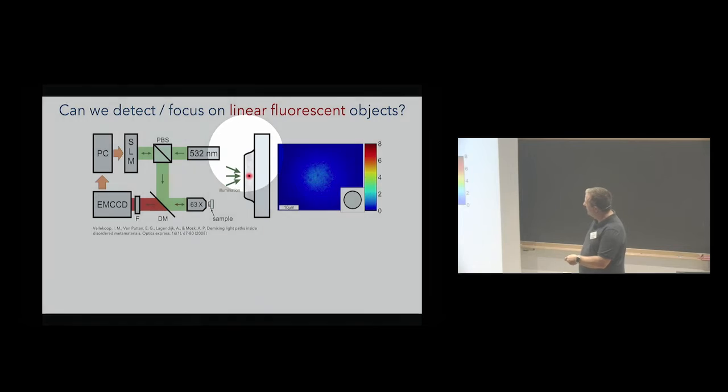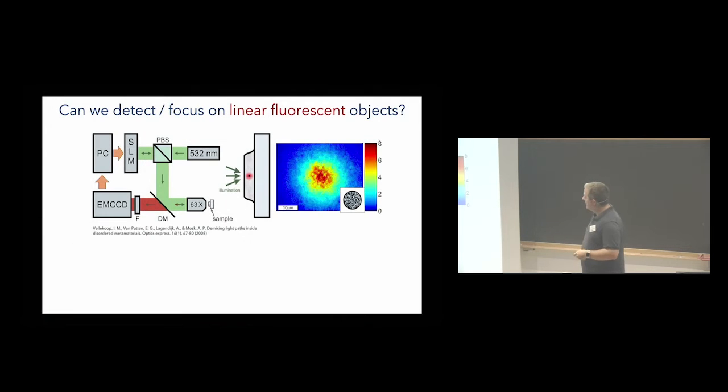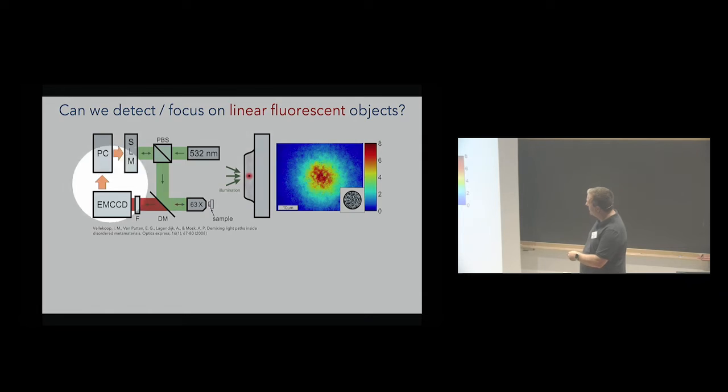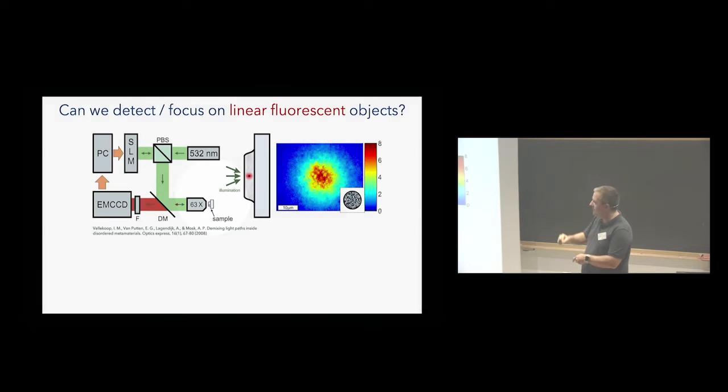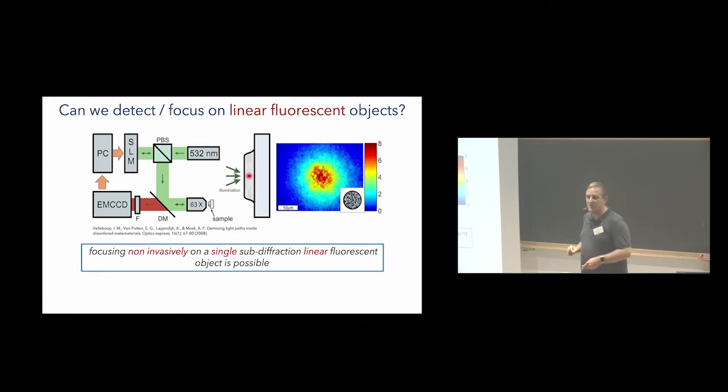They start from this fluorescent pattern on the EMCCD with a plane wave, optimize the total fluorescence, and got a much brighter diffusive spot on their camera for this particular wavefront. They knew they focused on this bead because they had only one. So with one fluorescent bead, you can really get a focus with fluorescence.